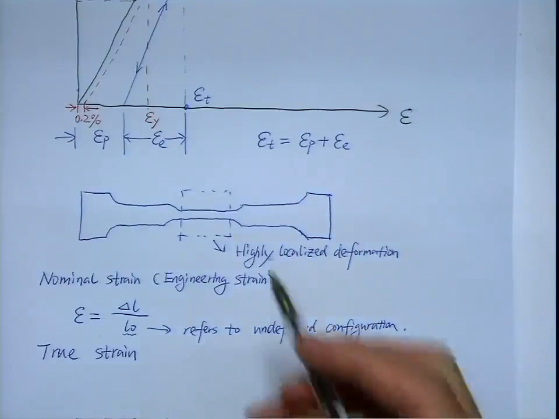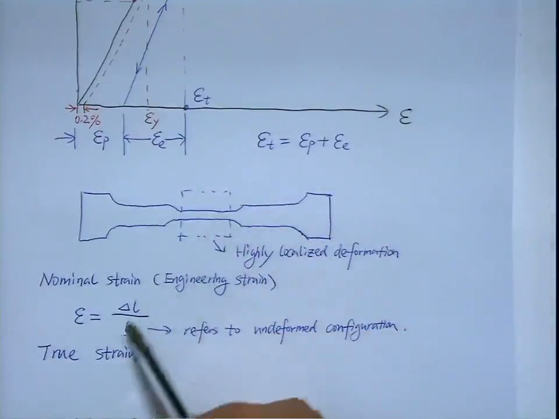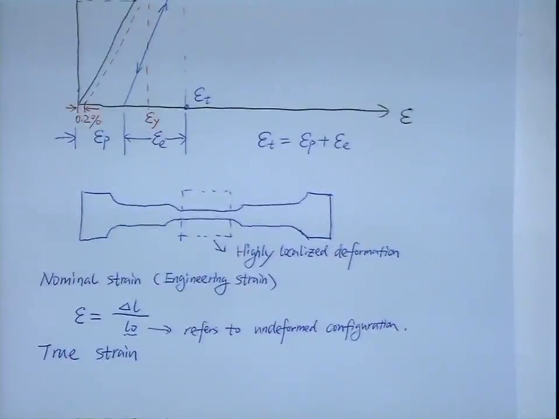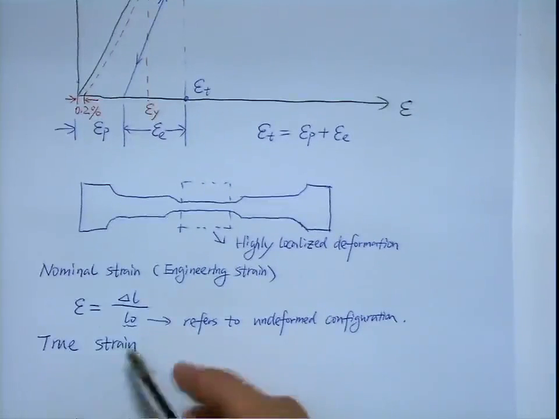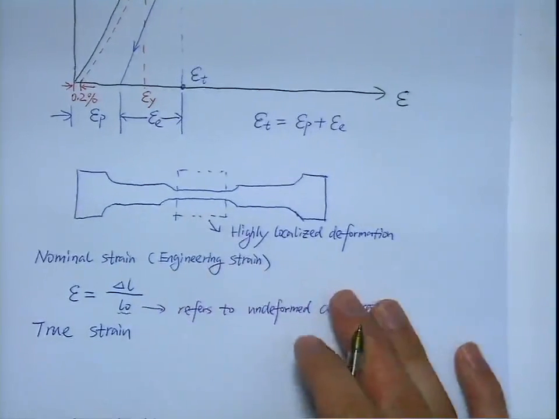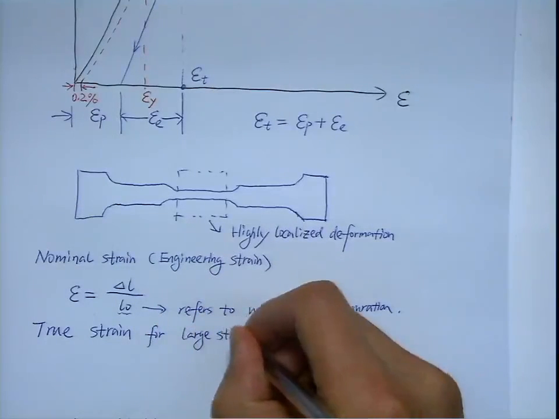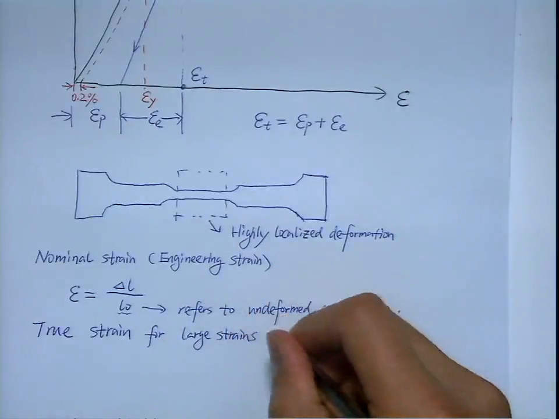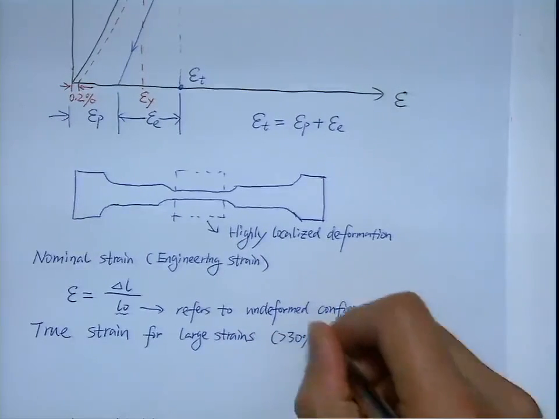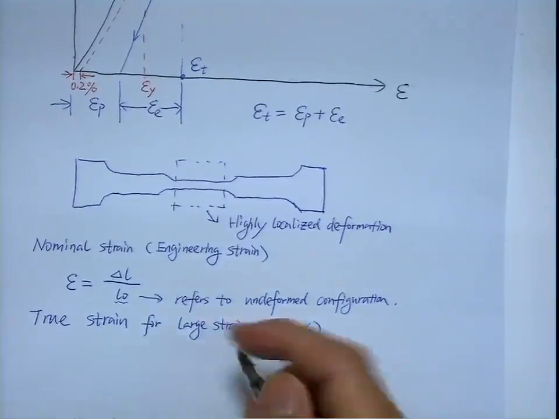And if it is really a large strain, like 50%, your engineering strain is no longer representing the behavior of the material. True strain is probably more accurate, I would say, for large strain problems. By large strain, I would say maybe larger than 30%. There are a lot of definitions, but I think 30% is very large already.